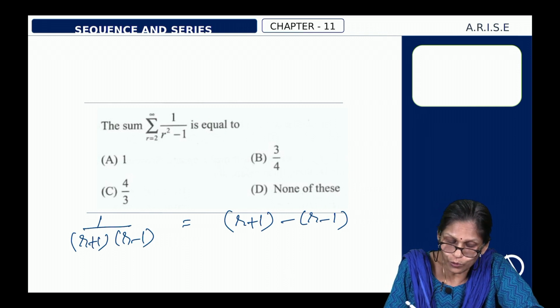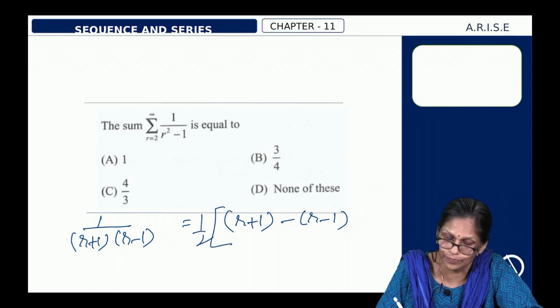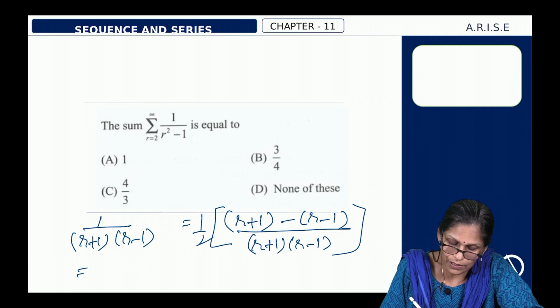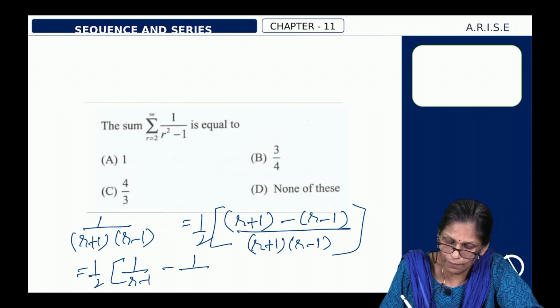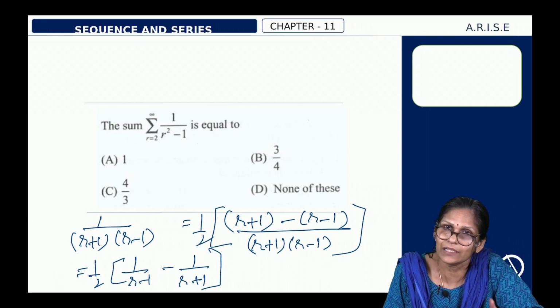So, what I am doing is introducing this 2 in the numerator. That is easy because you can divide that 2 by the denominator r plus 1 into r minus 1 to get the same term. So, this is 1 by 2 into, you separate the terms, 1 by r minus 1 minus 1 by r plus 1. That is just the expansion of the general term.